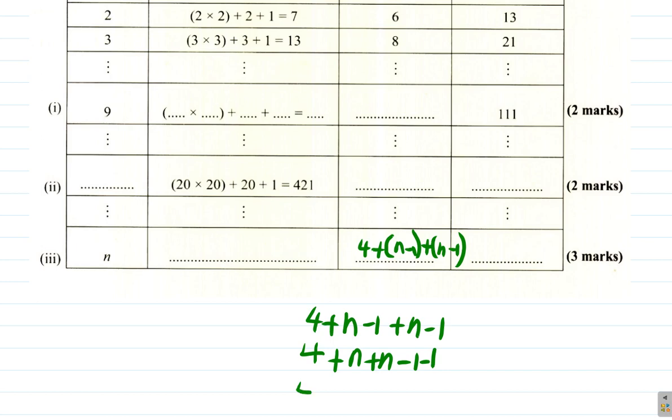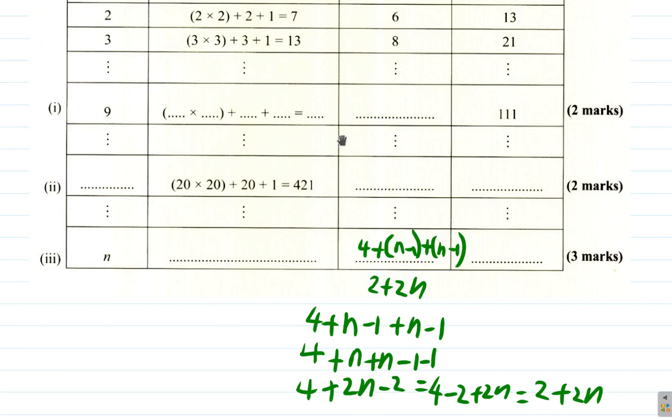So this is 4 plus 2n minus 2. Interesting. This would become 4 minus 2 plus 2n, which is 2 plus 2n. It looks like 2 plus 2n.